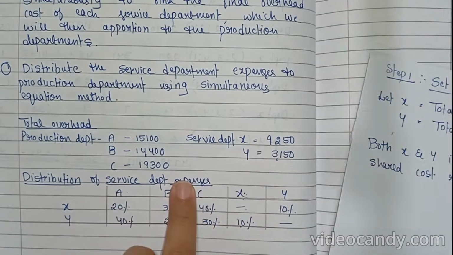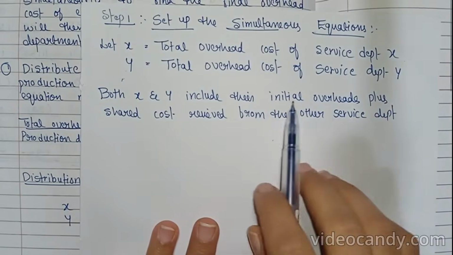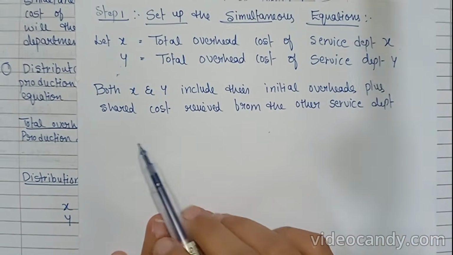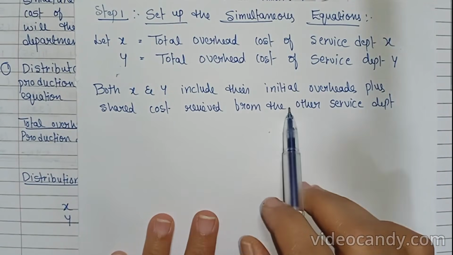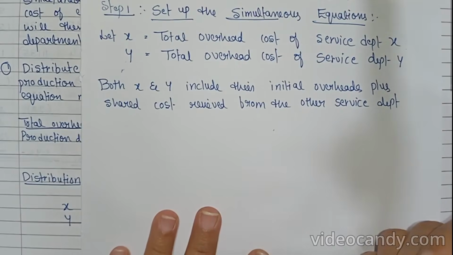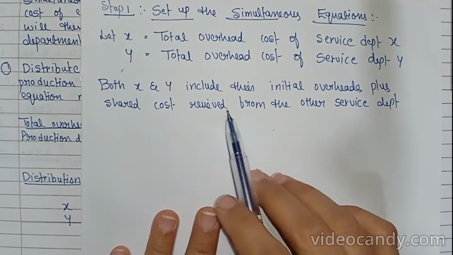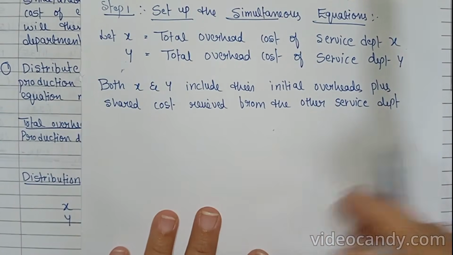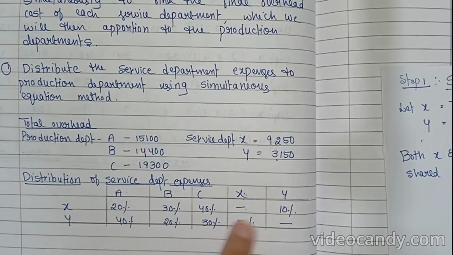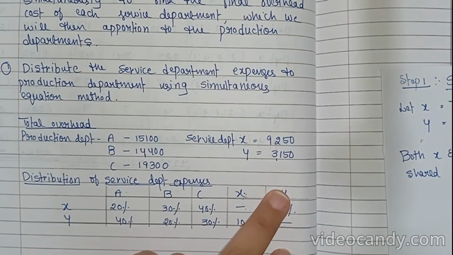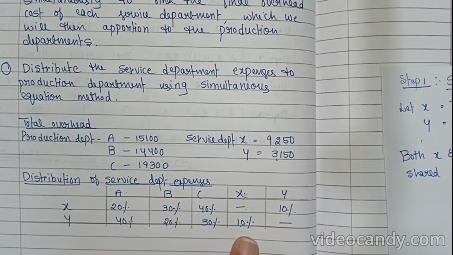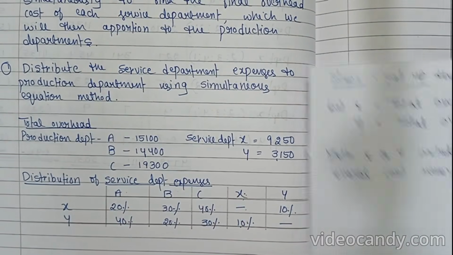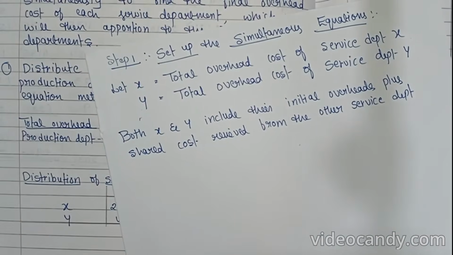Now plus the initial overheads, plus the shared cost received from the other service department. Shared cost received from the other service department means X receives 10% of service from Y and Y receives 10% of service from X. Clear? Now I will write it down, then you will understand.